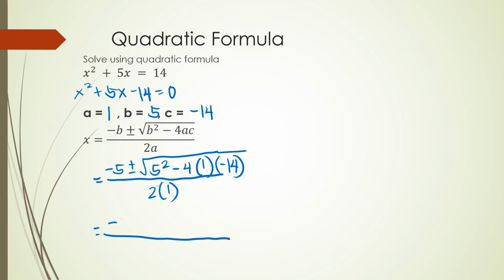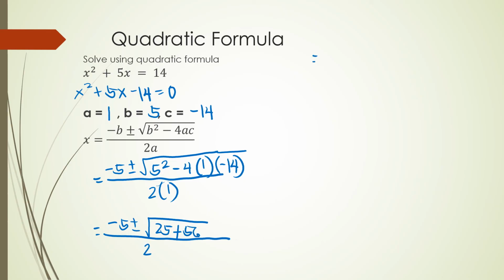So you have negative 5 plus minus the square root of 25. 4 times 1 times 14, that is 56. Negative times negative, magiging positive, so magiging plus 56. 2 times 1, that is 2.